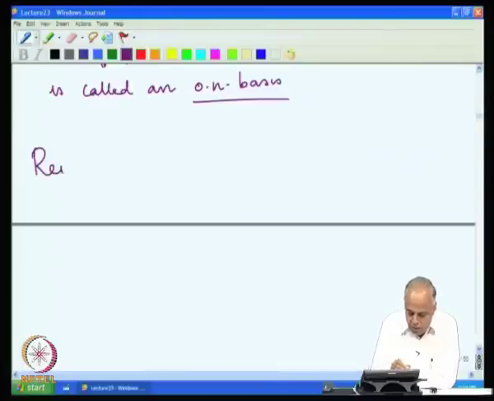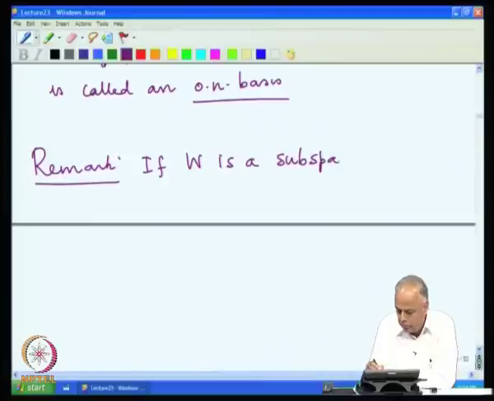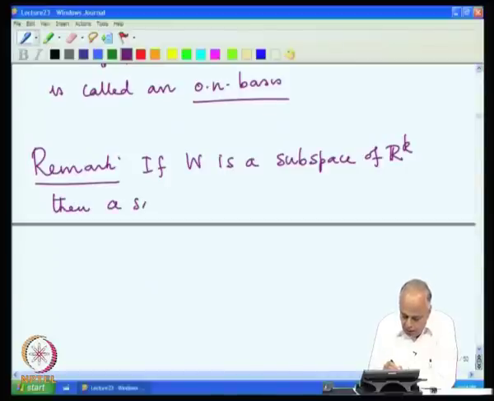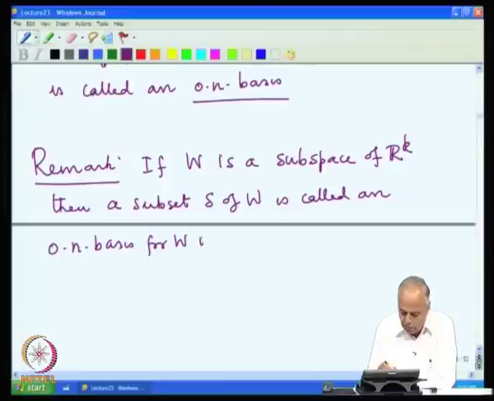Remark, similarly, if W is a subspace of R k, then a subset S of W is called an orthonormal basis for W if we want orthonormal.